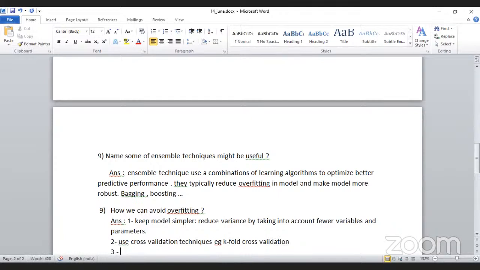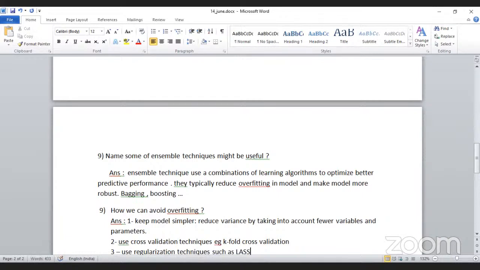What is the third one? We can use a regularization technique, such as lasso, as we have seen.